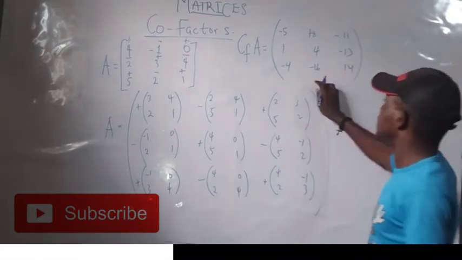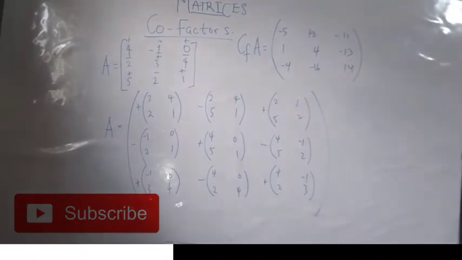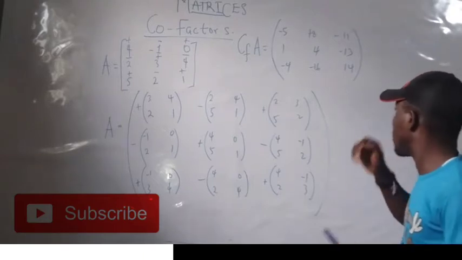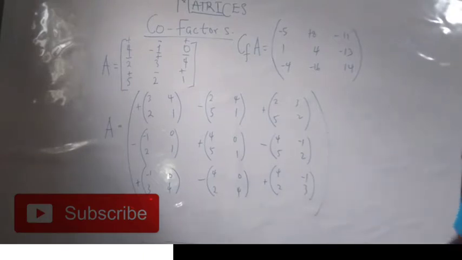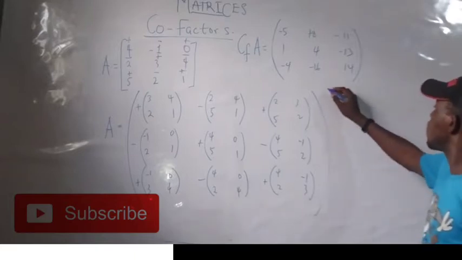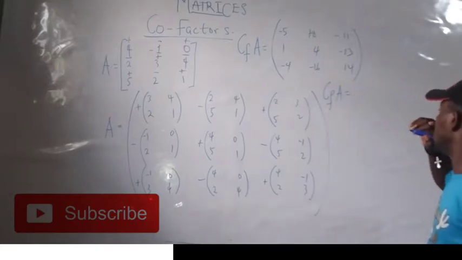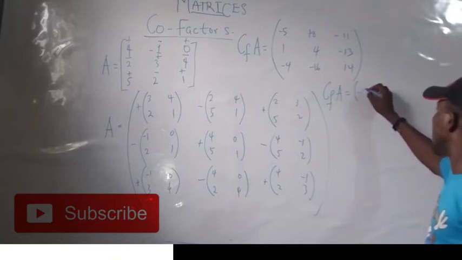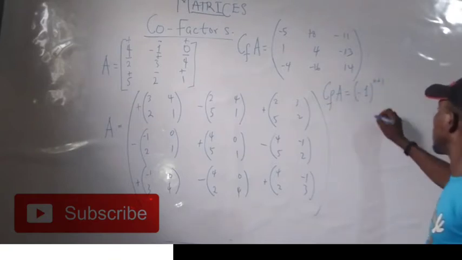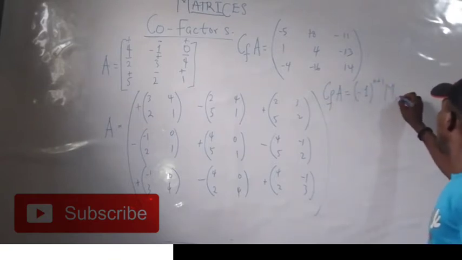So this is referred to as your cofactors. Although we can, from that standpoint, say that the cofactor of our given matrix A is simply equal to minus 1 raised to the power n plus 1 of Mij.